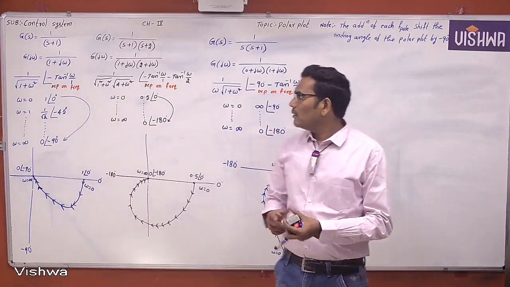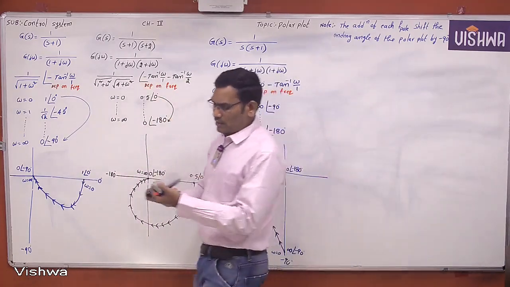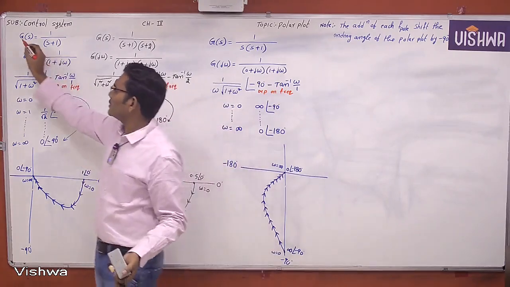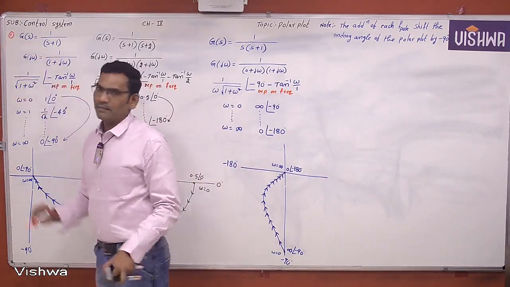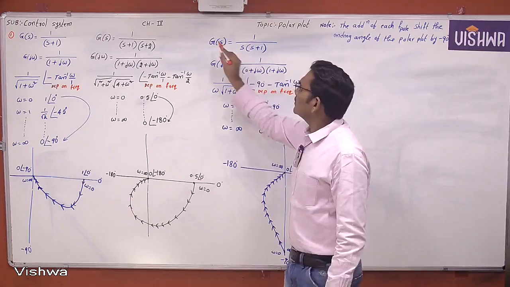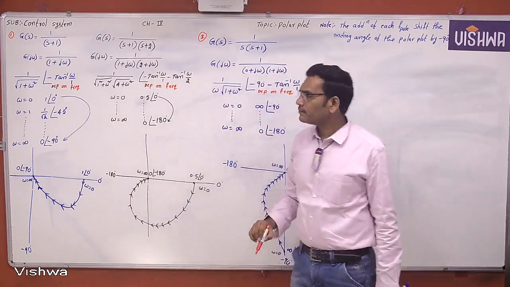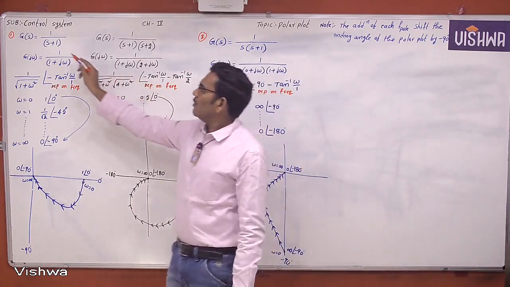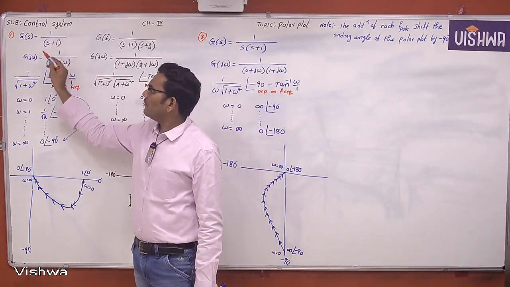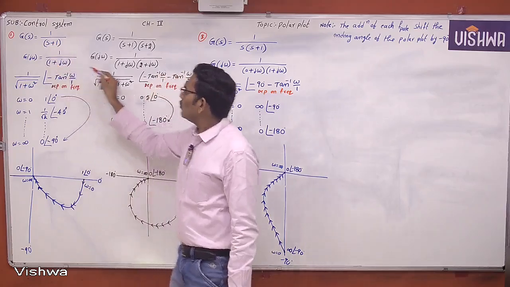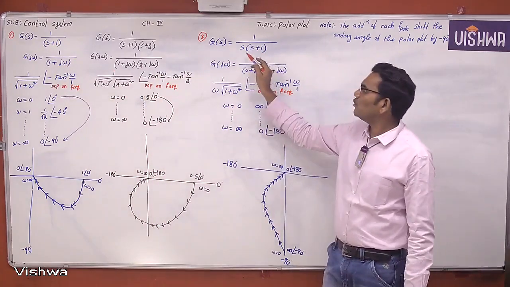See here. This is one problem. Let us assume this is problem number 1, and this is problem number 2. What is the relation between 1 and 2? One simple pole is already available in the transfer function. So in the same transfer function, what should you do?